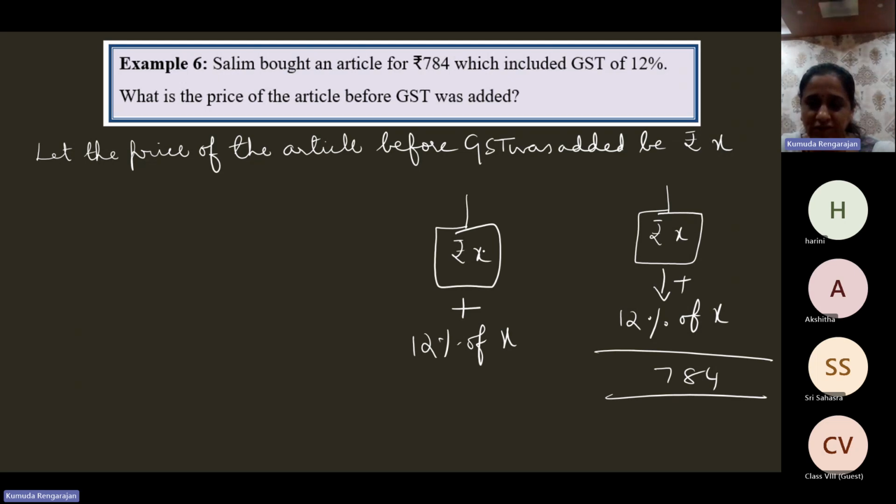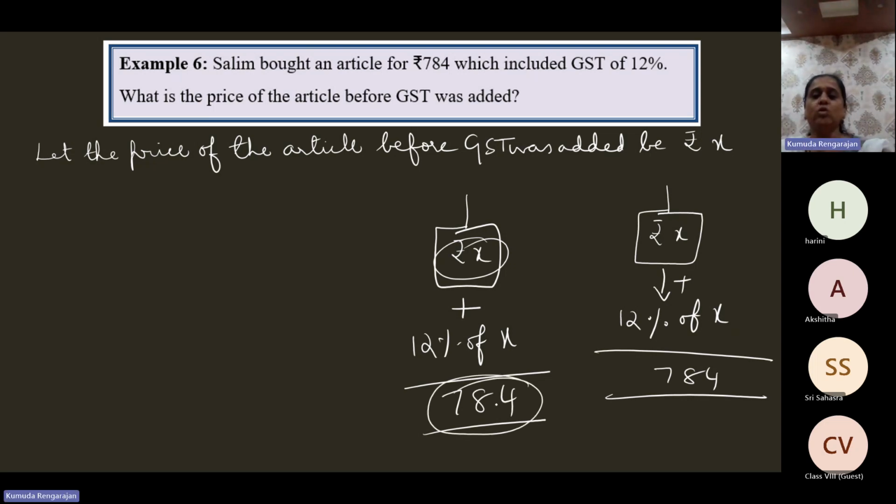Now this X rupees is without GST. X is without GST. That's the price which you see on the article. And you will not be paying only X. You will be paying X and 12% of X. That is 12% of the price of the article. What is 12%? The GST. So X plus 12% of X. These two put together is 784.